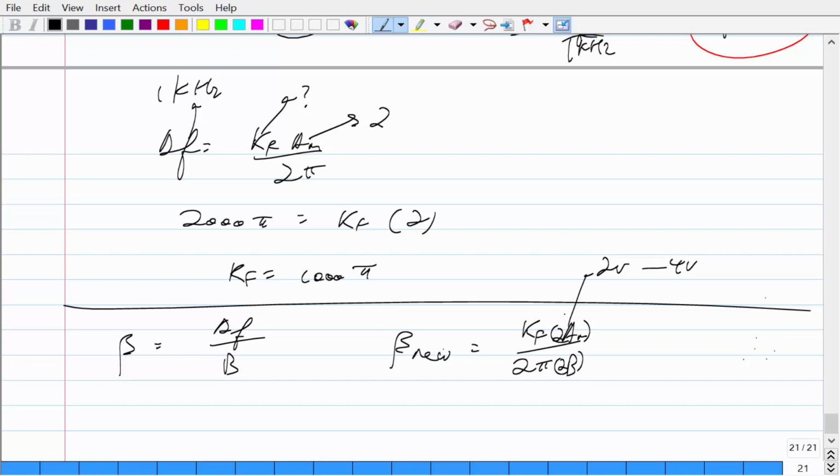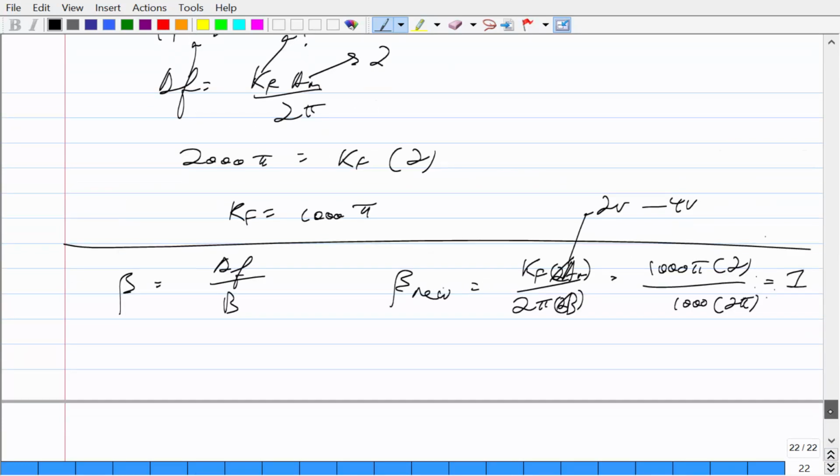So in that case, these 2's cancel out, and you're still left with the same definition. You have 1,000 pi, and the message amplitude A_M, which was 2 volts, divided by your bandwidth of 1 kilohertz, and this is 2 pi again, so this is still equal to 1.